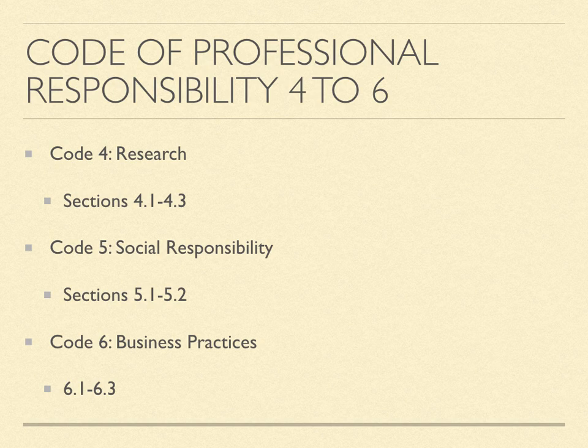Code 5 is social responsibility, how are you using your athletic training skills and ability out in the community. And Code 6, business practices, how are you being ethical in the way that you work at your job.